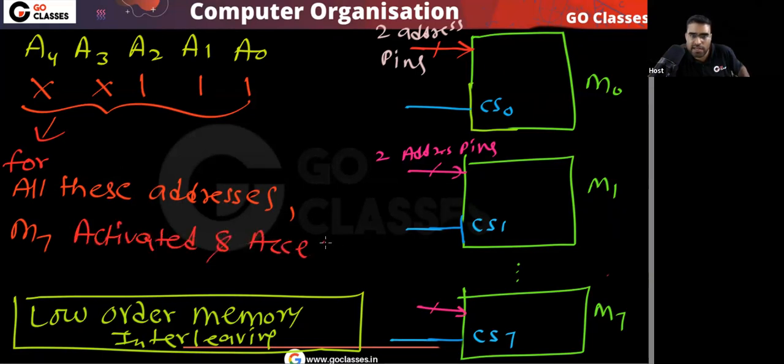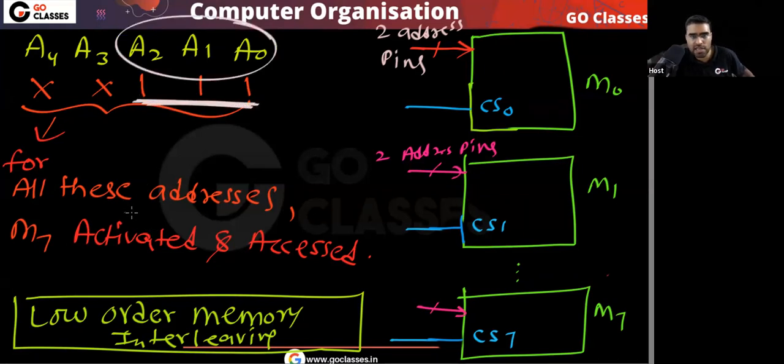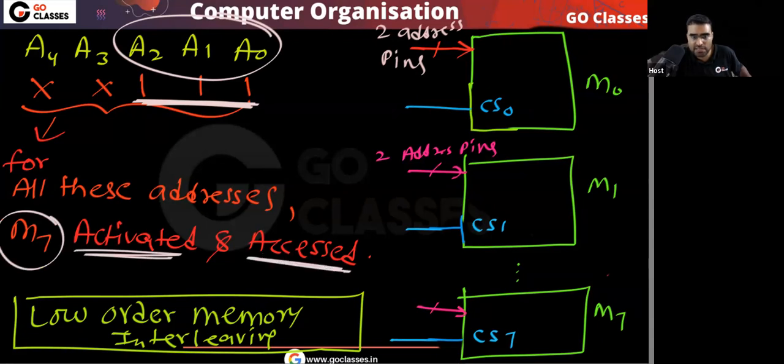Is this clear? So what are these addresses? Tell me quickly. Anyone? For these addresses, remember, when this is 111, because these are the 3 bits I will use to select a chip. So for these addresses, M7 will be activated and it will be accessed.